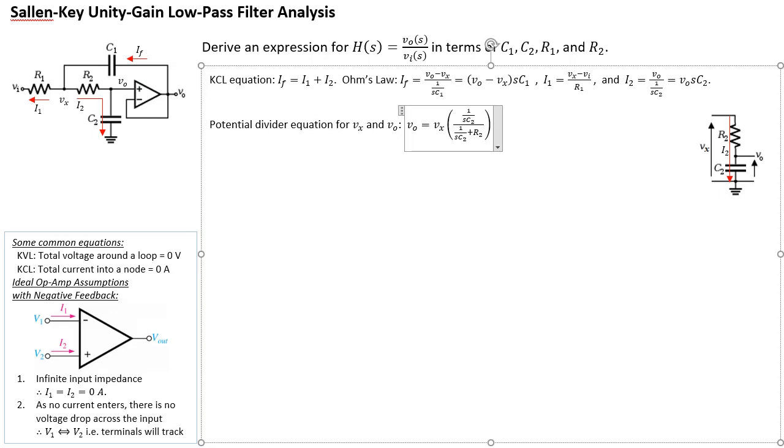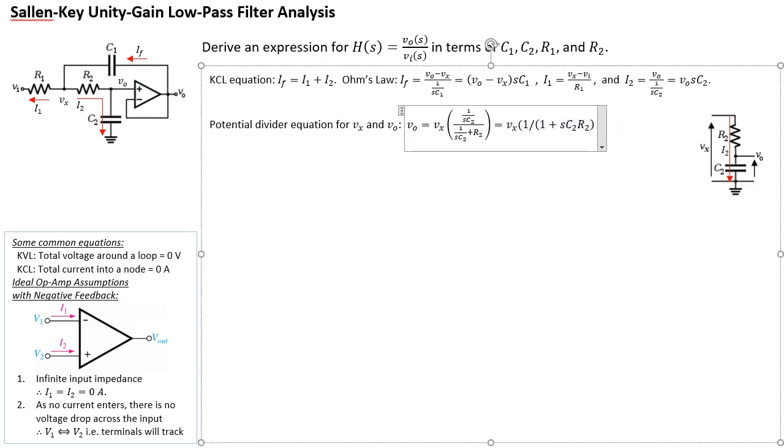Now let's simplify it a little by multiplying top and bottom by SC2. The top part is just going to be 1, because SC2 cancels with the 1 over SC2, and the bottom part becomes 1 plus SC2 times R2.